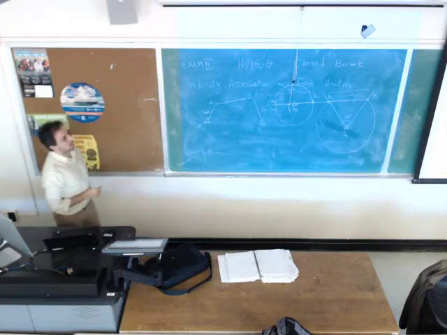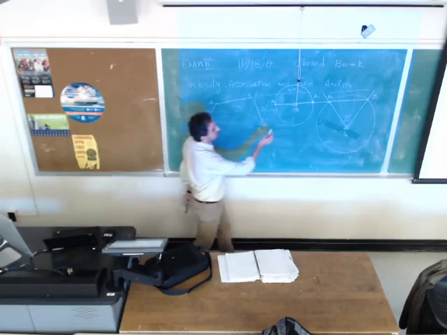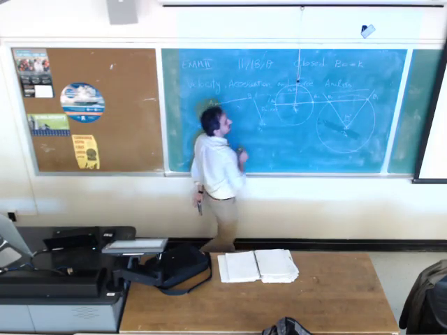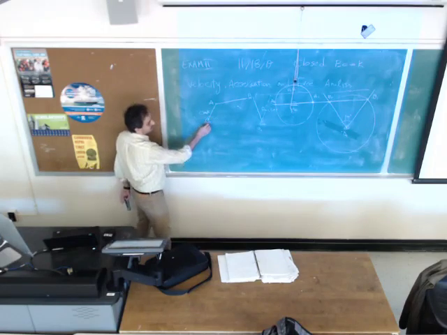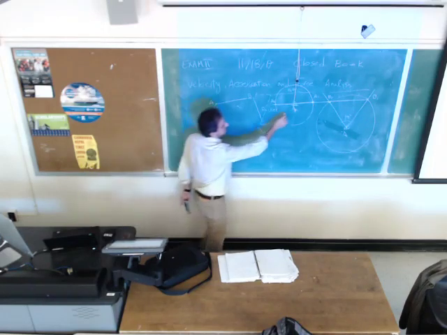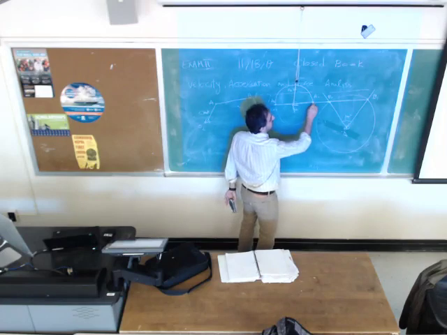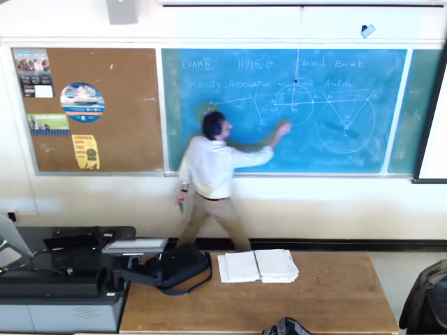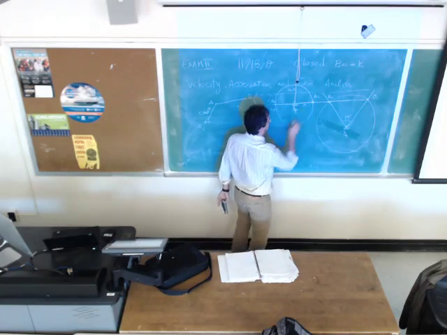Now we are done with the 4-bar mechanism. Our 4-bar mechanism has the joint O2 at this position. Link A is going to be this O2A1.